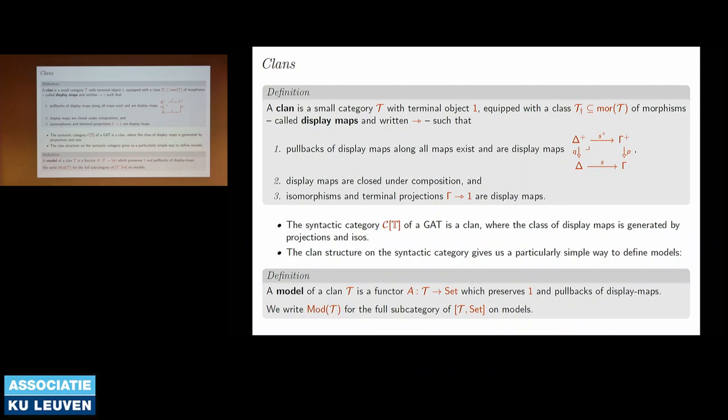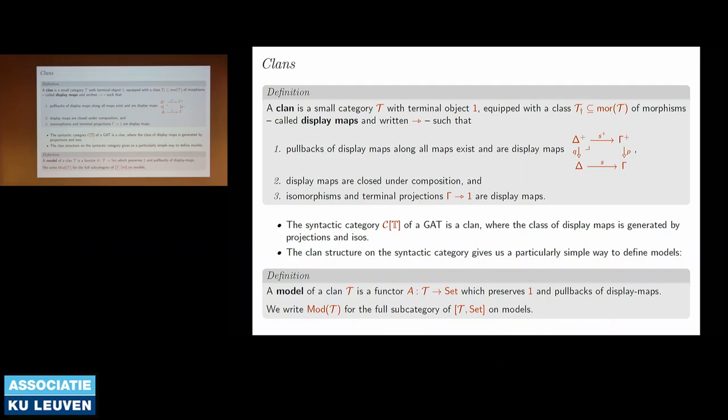The clan structure on the syntactic category gives us a very direct way to define the models of a generalized algebraic theory. A model of a clan is a functor to Set that preserves the terminal objects and pullbacks of display maps.